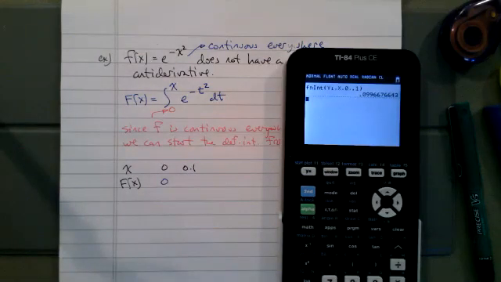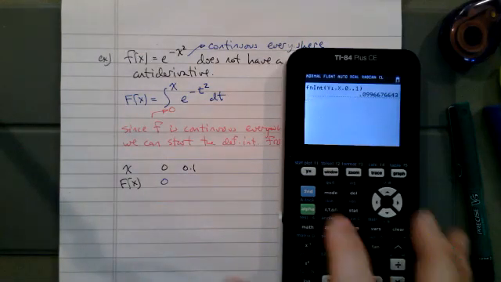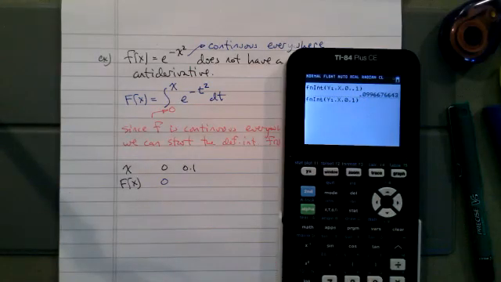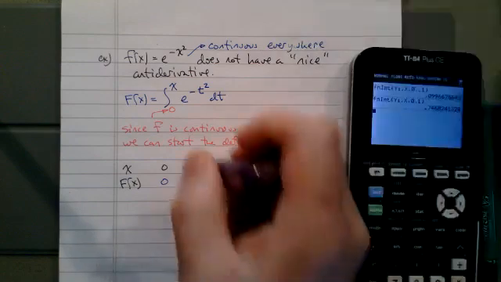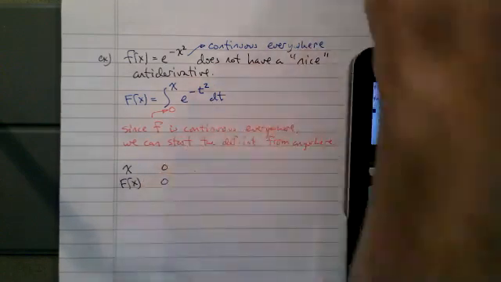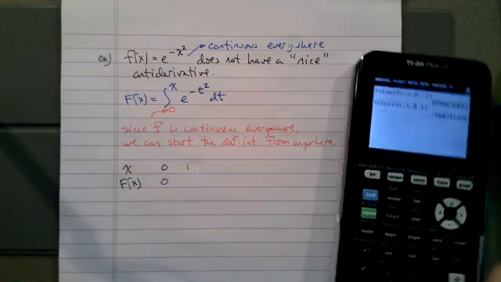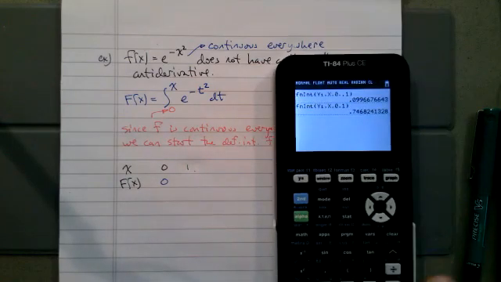Why don't I do 0.1? Let's just go from 0 to 1. We integrate from 0 to 1 and we get 0.747.